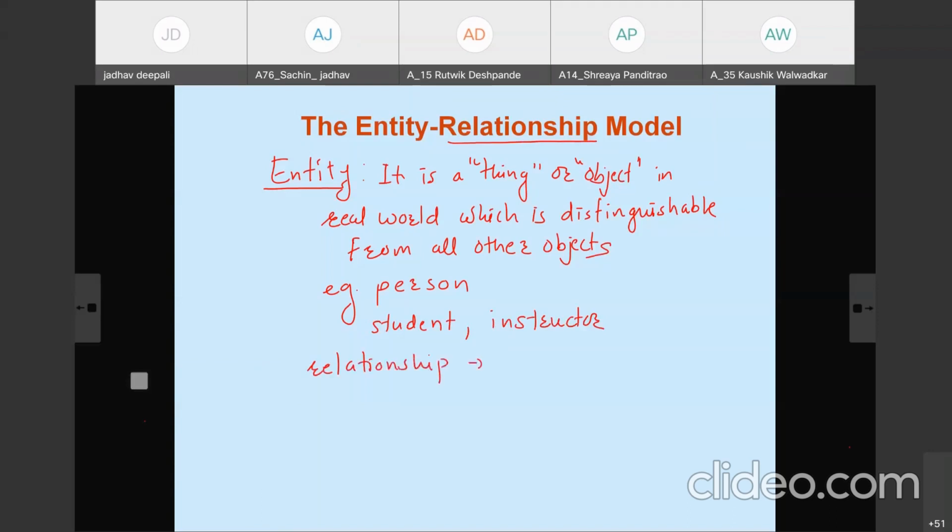Between the student and the instructor, we have a new relation called advisor. So the instructor is the advisor of this particular student. That is the relationship between the entities student and instructor. That is the simple definition of the entity relationship model.